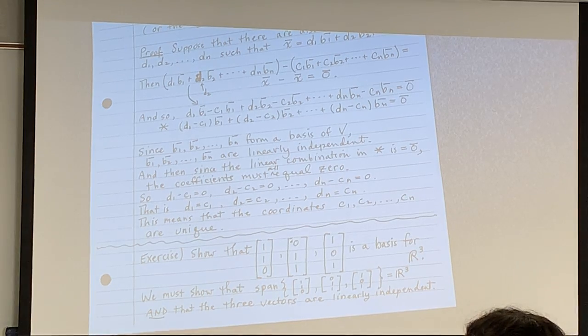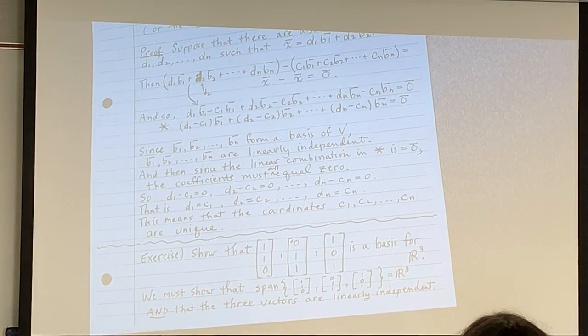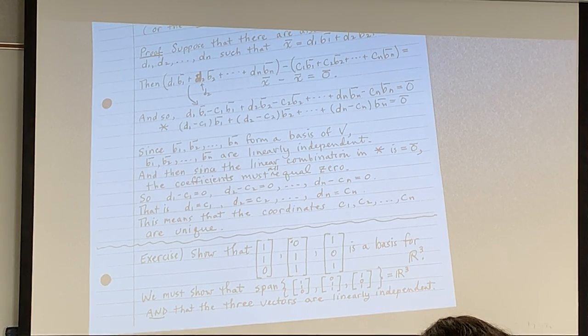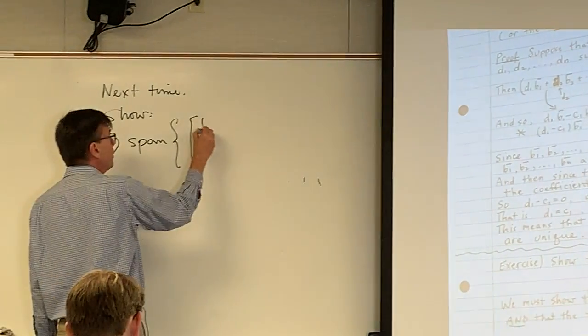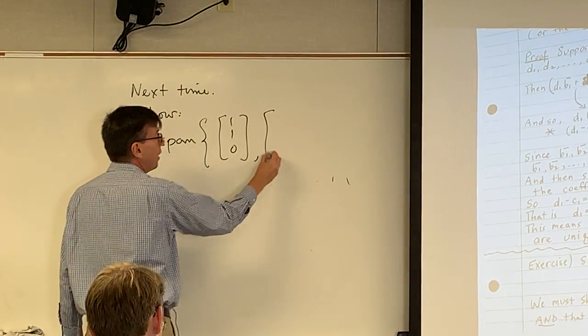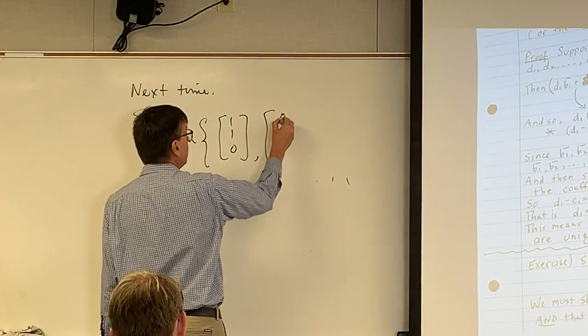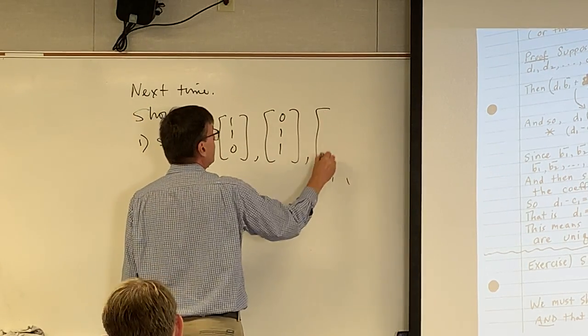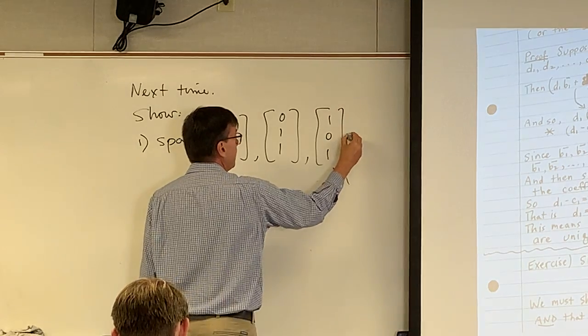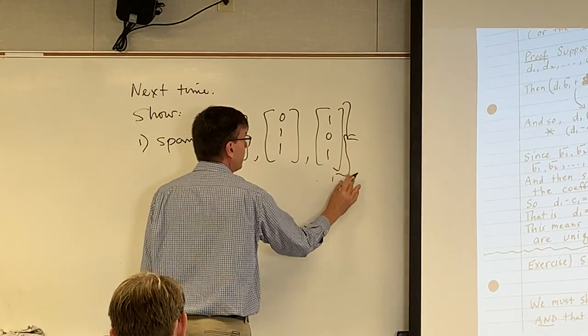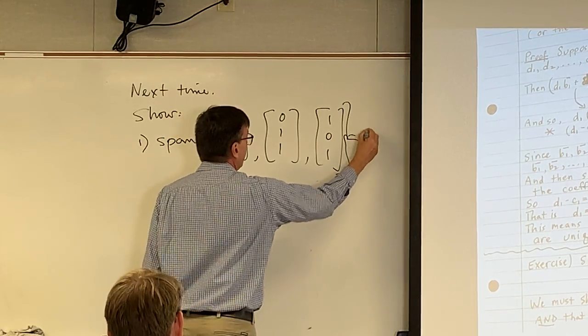So what we've got to show, and this will be next time, is that the span of those three vectors, (1, 1, 0), (0, 1, 1), (1, 0, 1), is equal to R3.